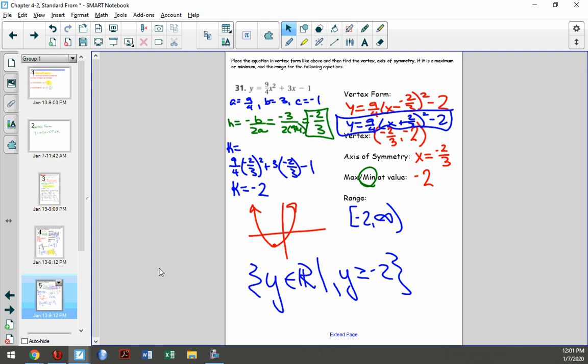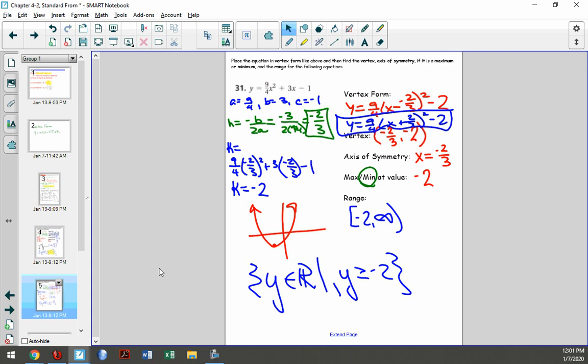So I wanted to make sure that you understood what I meant whenever I was talking about vertex form versus standard form. Okay? So it says place the equation in vertex form like above, and then find the vertex, axis of symmetry, if it is a maximum or minimum, and the range for the following equation. So it's exactly like we've been doing on the last two problems in our notes. Yes? I give you a spot to do calculations, and I give you a spot to do a quick sketch. Any questions over what you have to do for problems 1 through 4?